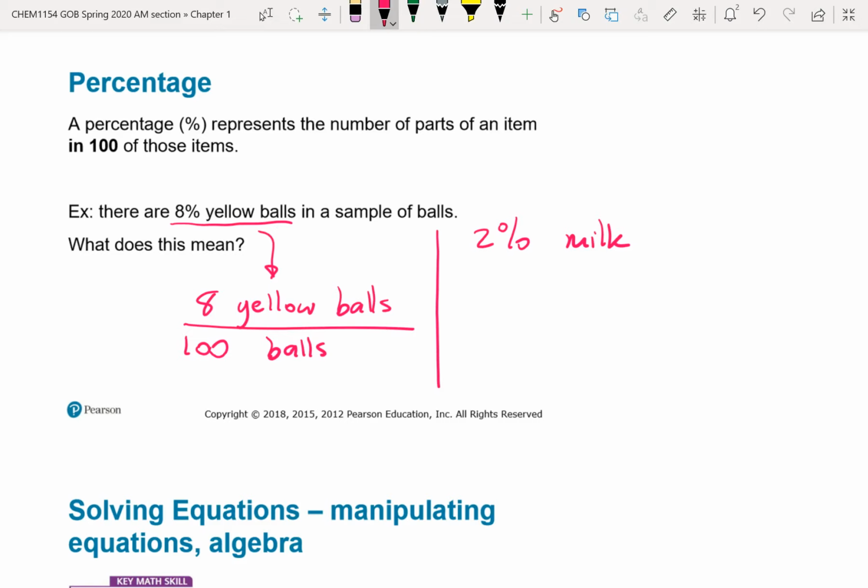So what this suggests is that there are 2, let's just say grams for a unit, 2 grams of milk fat, and it's percent, so it's out of every 100 grams of the milk itself. So every 100 grams of the milk, 2 grams of it is milk fat. Which means 1% would be out of every 100 grams, 1 gram is milk fat. So percent is always out of 100.